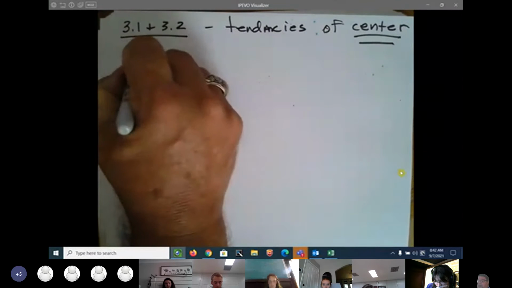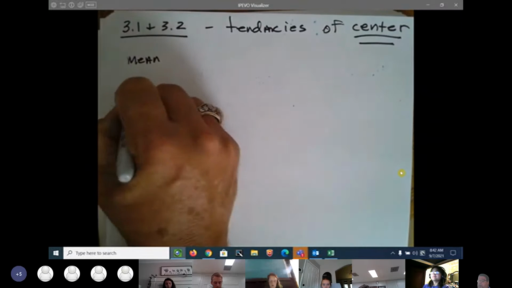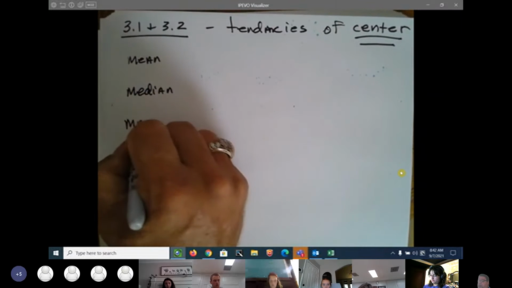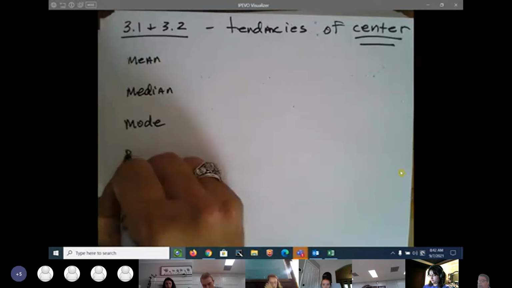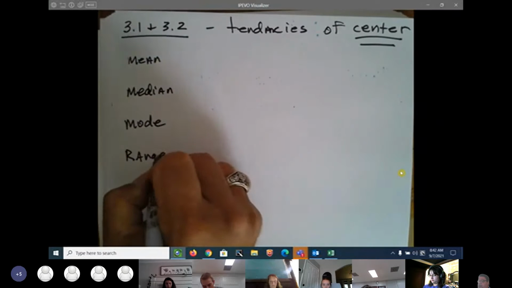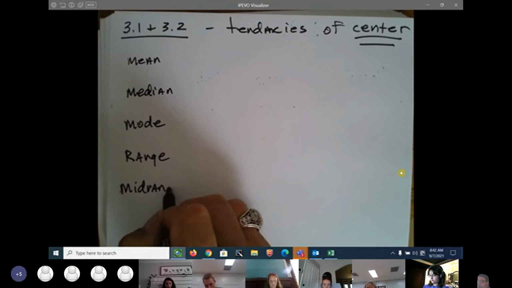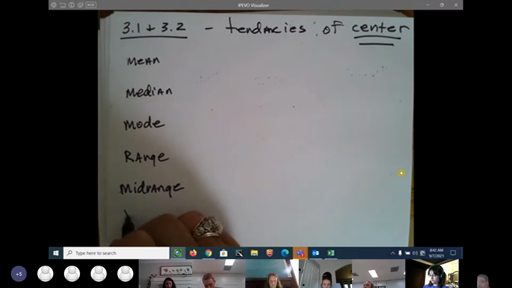The mean, the median, the mode, the range, the mid-range, and the variance, and standard deviation.